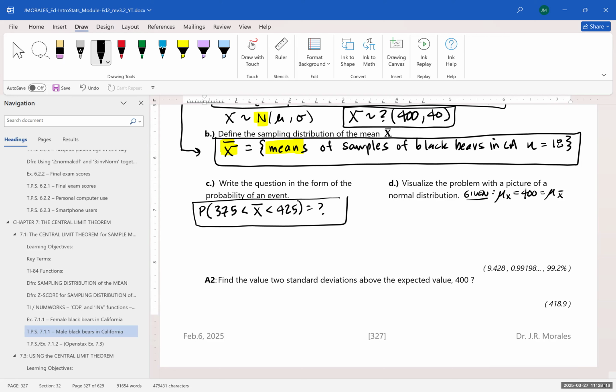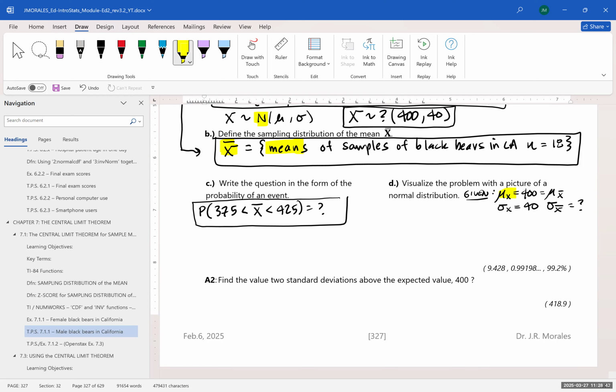We know that the population standard deviation for the weight of bears is 40, but we do not know what the standard deviation is of the sampling distribution of means of bear weights. We don't know what that is.